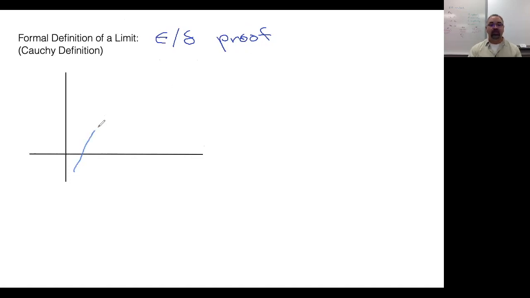I know it looks a lot better when I draw it on the whiteboard in class, but hey, we go with what we got, right? And I'm going to arbitrarily define some point c along the x-axis right here. And as x approaches c, we get that the function approaches the limit L, right? Sometimes that's f of c, sometimes that's not f of c. You can see here I've drawn a nice continuous function, so that would in fact be f of c.